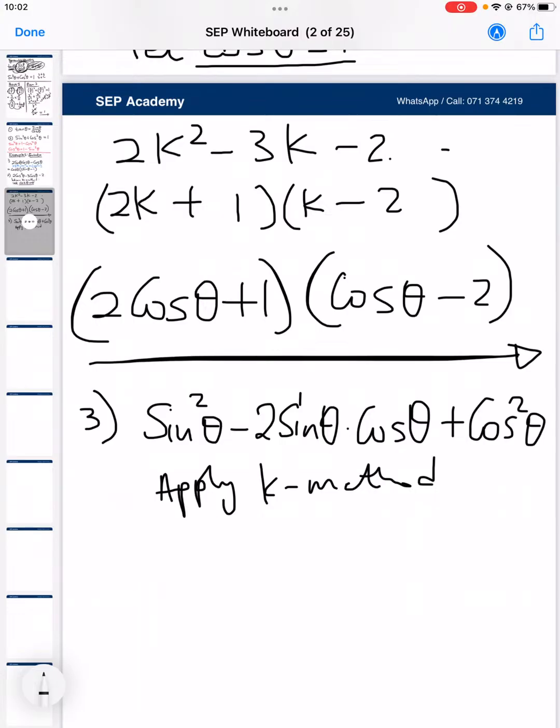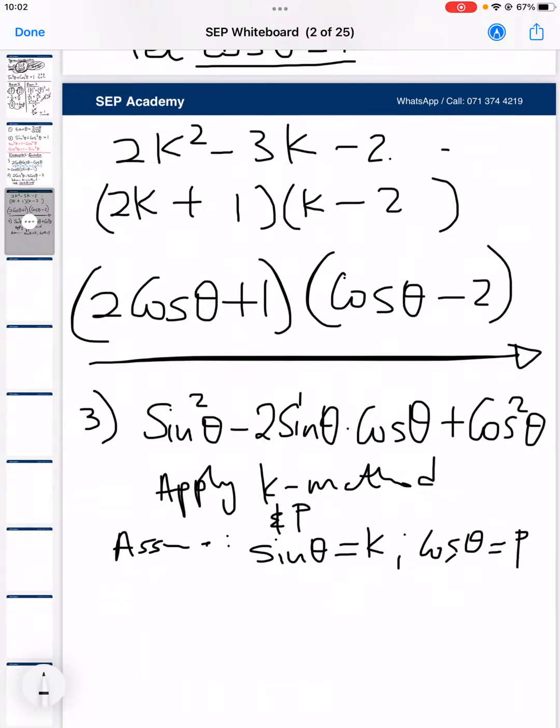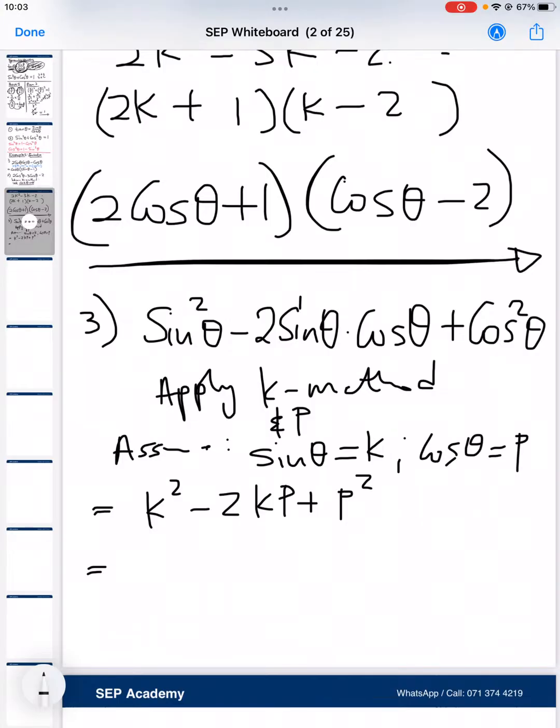The K and another letter, let's say letter P. You need to clearly state that we assume sine of an angle to be K, and cos of an angle we assume to be P. And then from there, you can say I'm having K squared minus 2KP plus P squared.